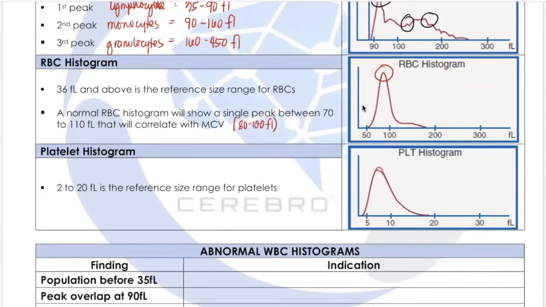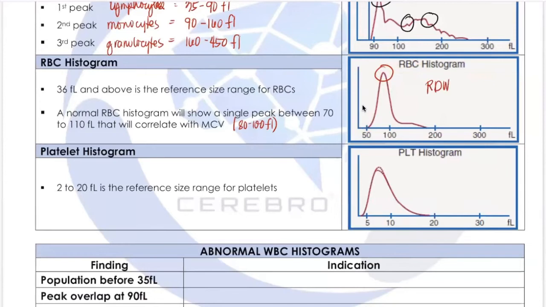So the width, again, the width of the peak or the width of this graph corresponds to the size range of our RBC. So syempre if let's say for example yung histogram mo naging ganyan, yung width niya lumaki, that means you have a wider range of RBC sizes, and that will correspond with what we call the red cell distribution width.